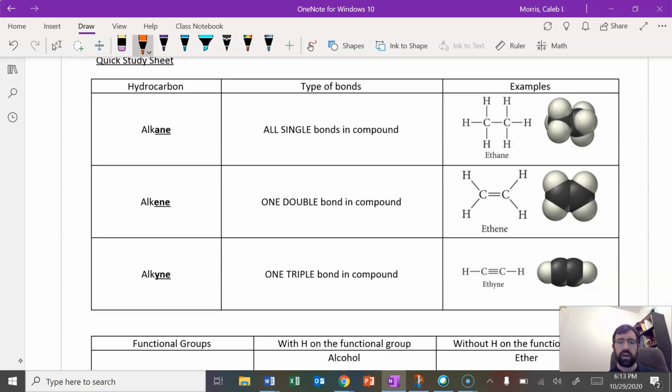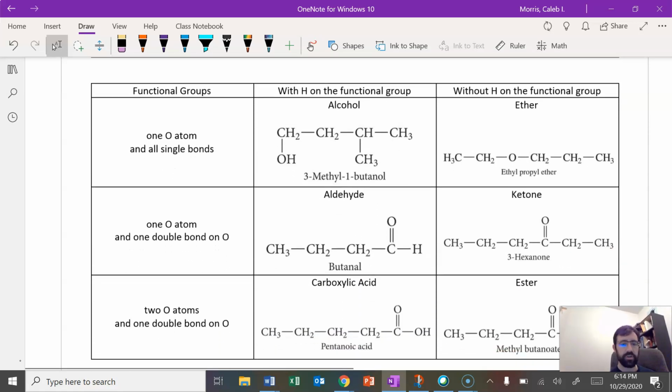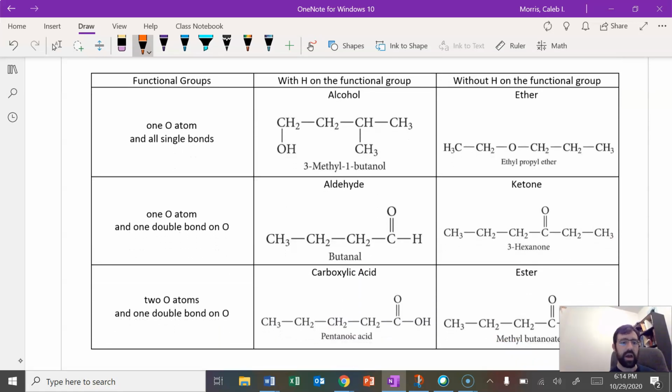Alkanes are all single bonds in the compound. An alkene, you have one double bond in the compound. Alkyne, you've got a triple bond in the compound. Your functional groups, an alcohol, you've got one O atom and all single bonds, and you've got that OH group in there somewhere.